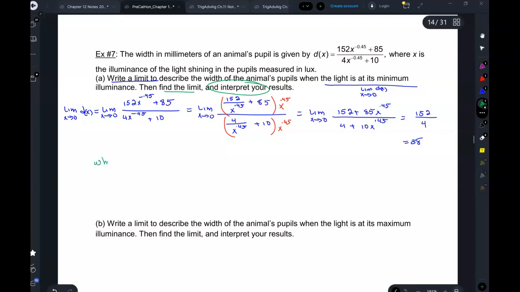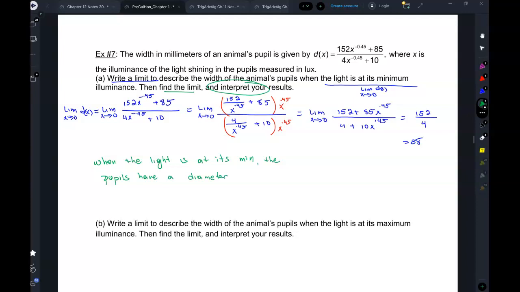So you say, when the light is at its minimum, you can even say when there is about 0 lux of light, the pupils have a diameter of 38 millimeters. Or you could say the pupils will approach a diameter of that, because it's approaching.